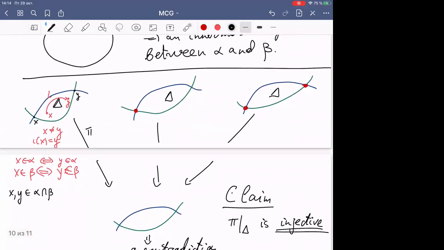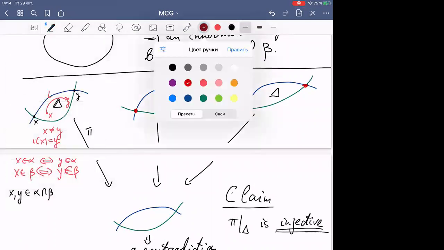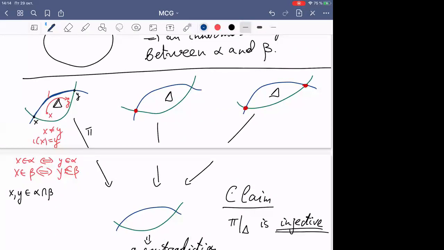So if x and y are interchanged by the hyperelliptic involution, then we have 2 arcs of alpha which connect x and y, but x and y are swapped by the hyperelliptic involution. Hence, this arc must go to itself.